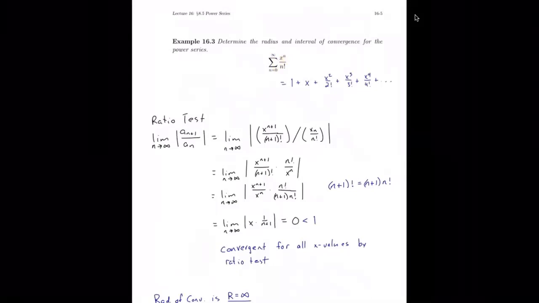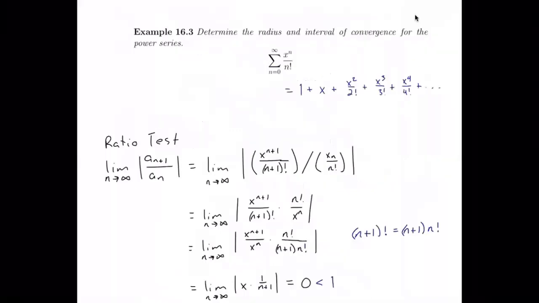It's interesting to write this out and have a quick look at it. When n is 0, we take x to the 0. Remember that 0 factorial is 1. So we have 1 over 1, and we just get 1. When n is 1, we have x to the first over 1 factorial. That's just x. When n is 2, we have x squared over 2 factorial.